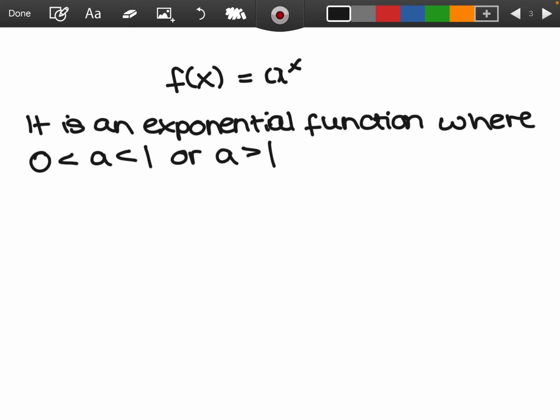So again, I'm not considering 0, I'm not considering 1, and I'm not considering anything less than 0.